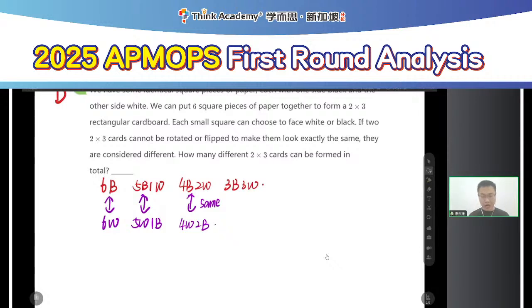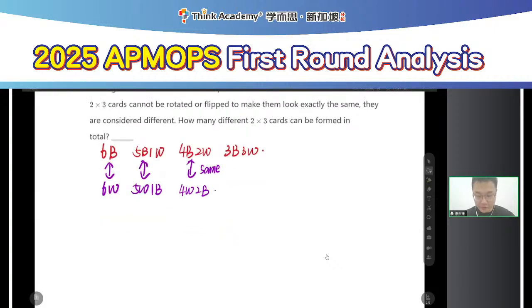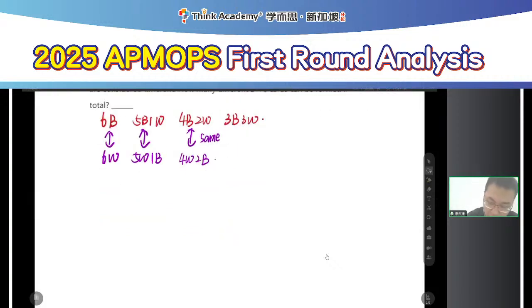Which means we don't need to count these 3. We only need to count 1, 2, 3, 4. We just need to count these 4 kinds to find the answer.